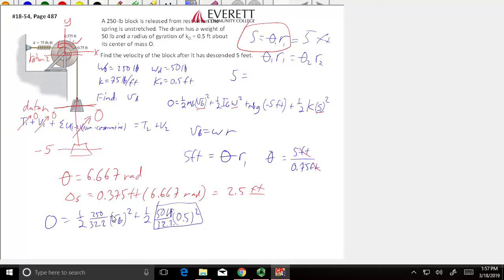And then I've got V_B over R, which is my omega, squared. And I'll have minus 250 pounds times 5 feet, plus 1/2 times k, which is 75 pounds per foot, times 2.5 squared. So we have an equation. We got one unknown. We can solve it. And V_B is equal to 15.5 feet per second. It's going downwards.